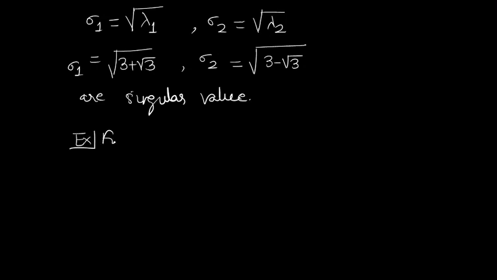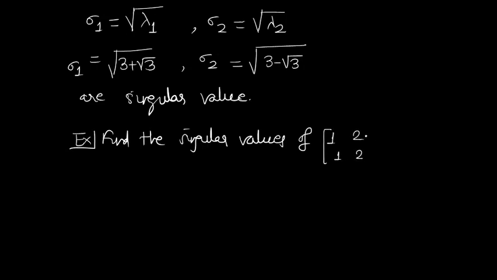Find the singular values of a matrix, say 1 2 1 2. Let us find this quickly. You can see the matrix given here itself is a square matrix.